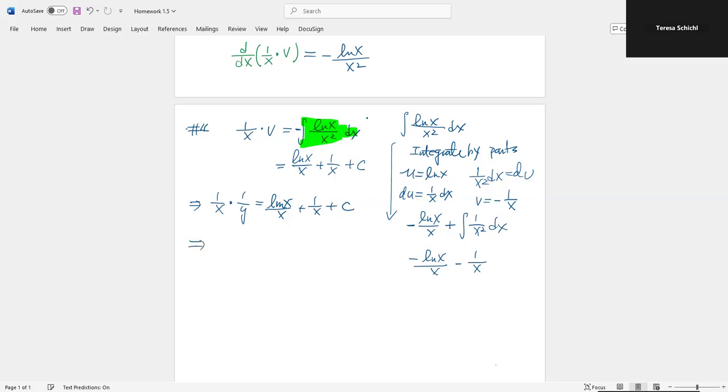I can multiply both sides by x, and I will have ln x plus 1 plus cx.